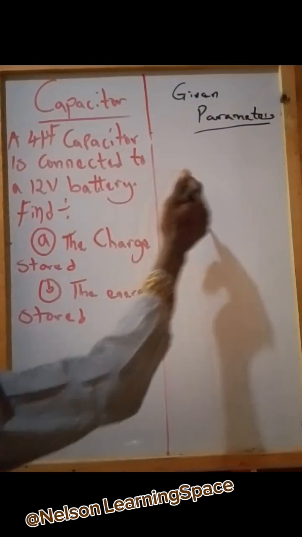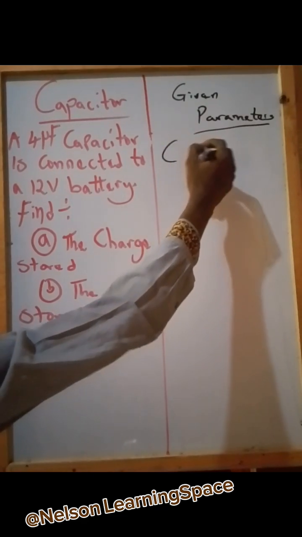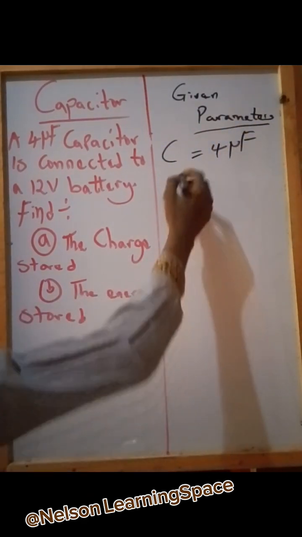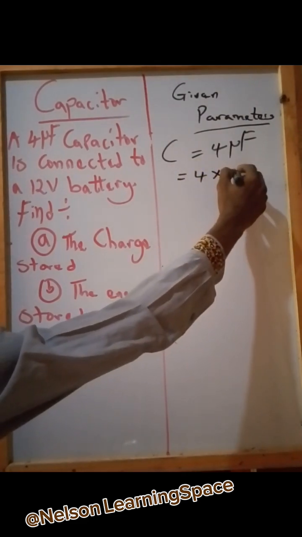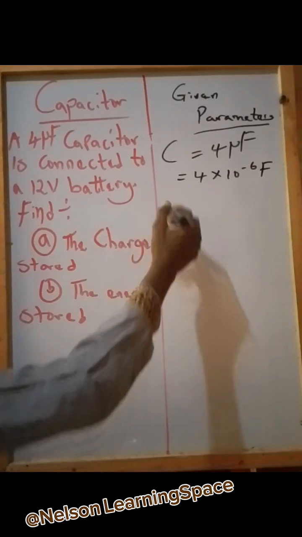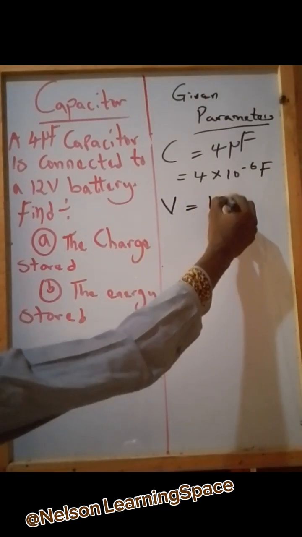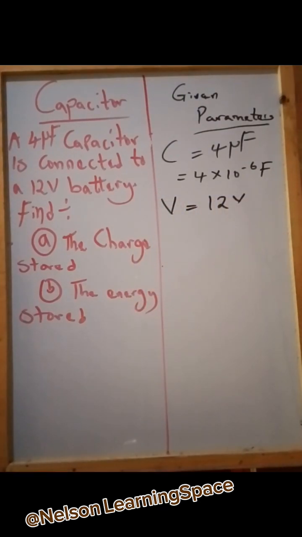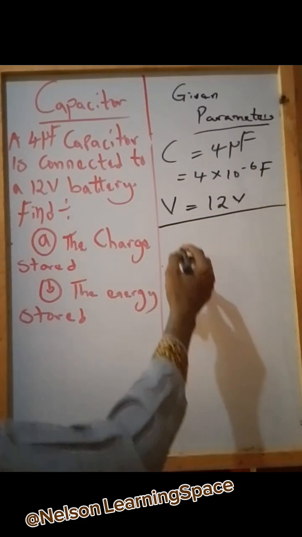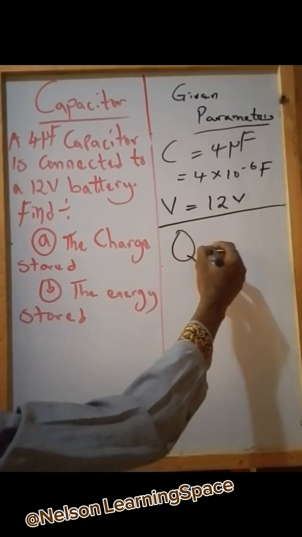We have capacitance, which equals 4 microfarads, and that's also equal to 4 times 10 raised to the power minus 6 farads. And then we have this voltage V, which equals 12 volts. And if we're looking for what we're looking for, we have the charge stored. And what is the charge stored? That is Q, unknown or missing.